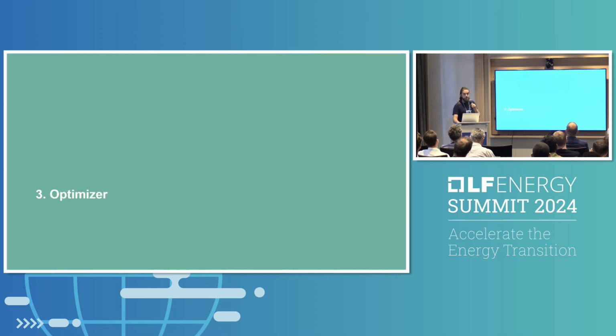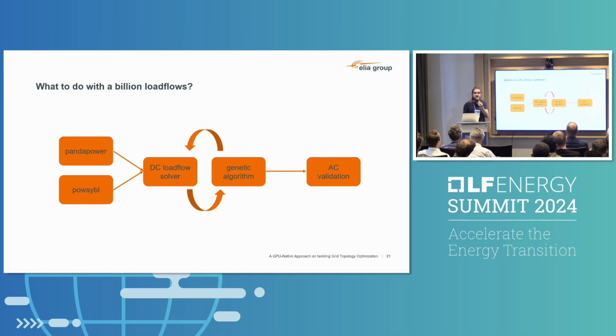Now what do you do? Suddenly you have 1 billion load flows per second. You need to do something with 1 billion load flows per second. And what do we do? We built a pipeline. We took grid data, originally from Pandapower. Now we can also load PowSyBl. And then we feed it into a loop. I will explain what a genetic algorithm is in a second.